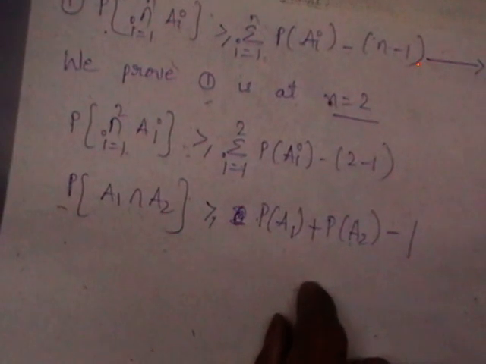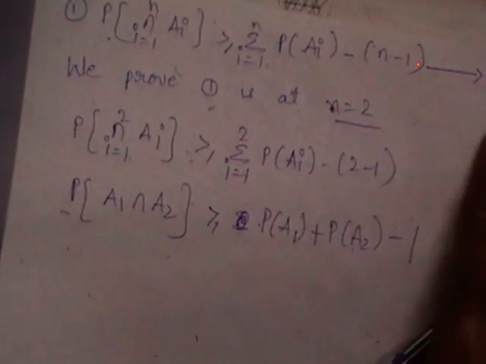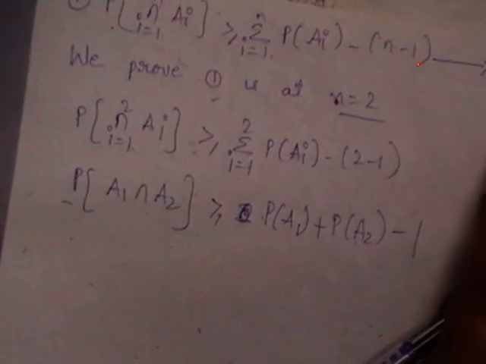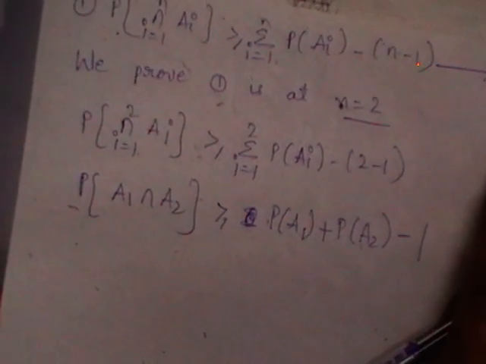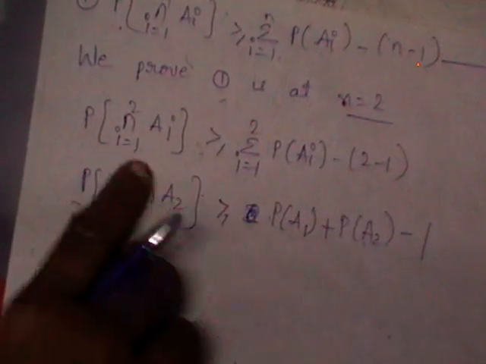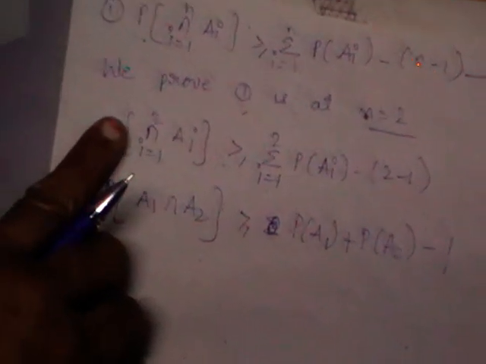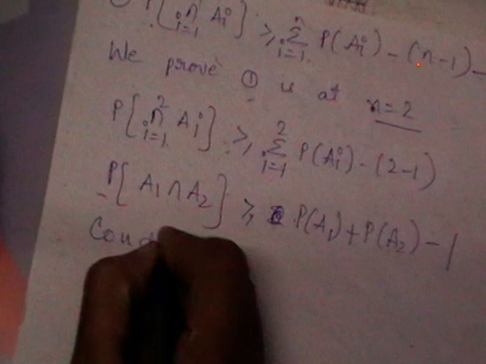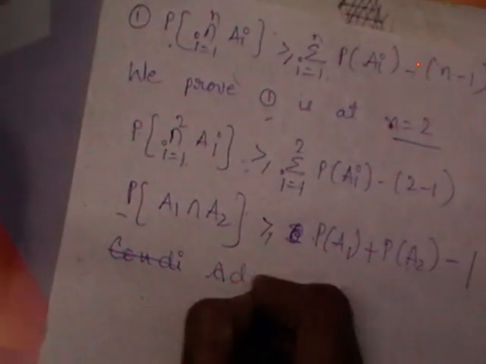You need to prove this. I have considered the given statement as equation 1 and I am going to prove it is true at n equal to 2. For that, I have substituted n equal to 2 in the given statement in the LHS as well as in the RHS. Now, to prove this Boole's inequality, we are going to use the addition theorem on probability.